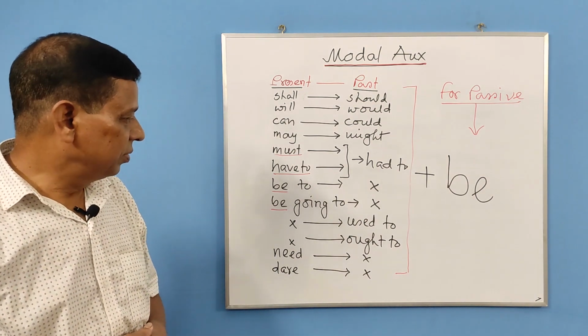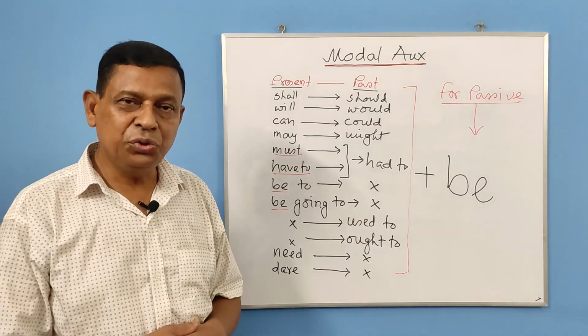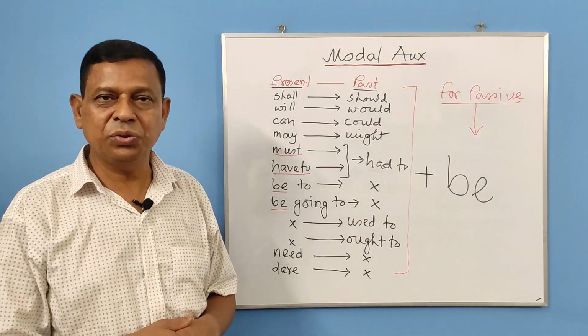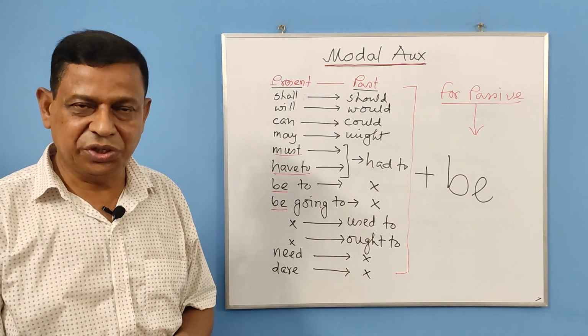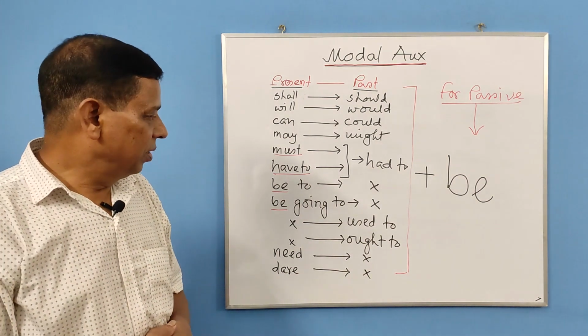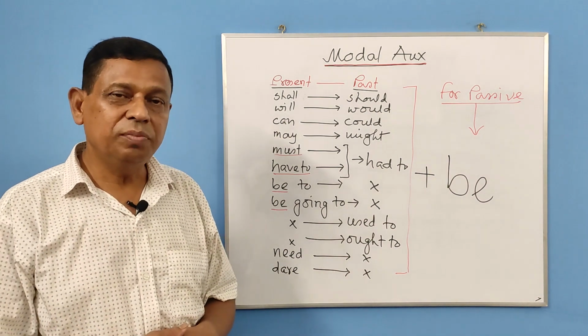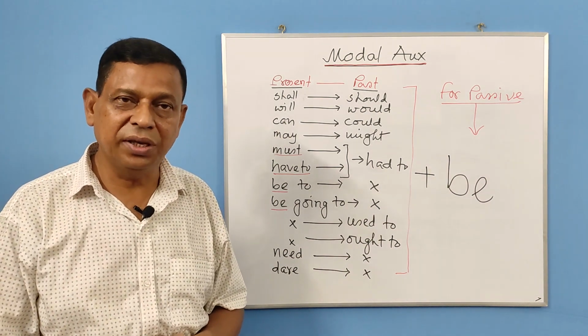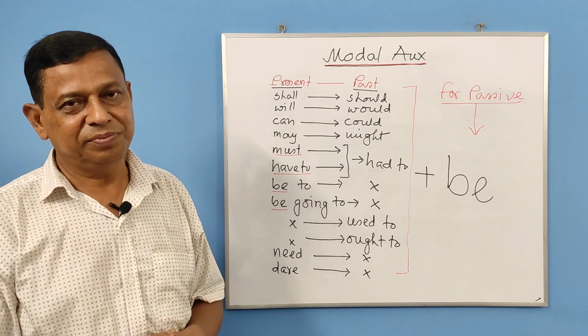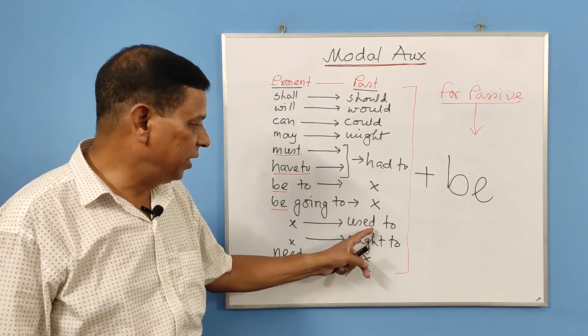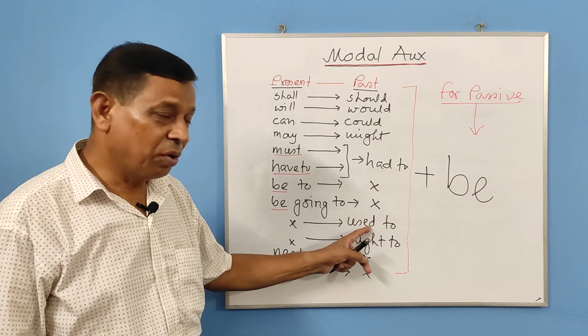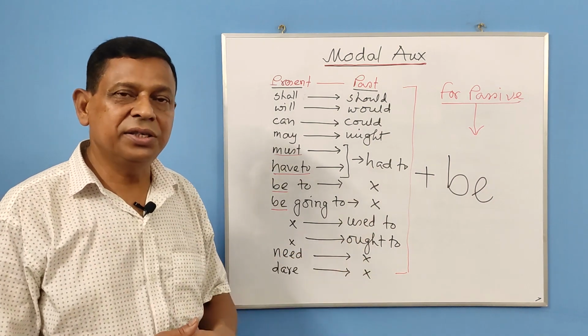And for the next one, used to and ought to. Used to means obhyash, and ought to means uchit. But these two modal auxiliaries are not used in present form. That means we cannot omit D. By omitting D, we cannot say it is use to.